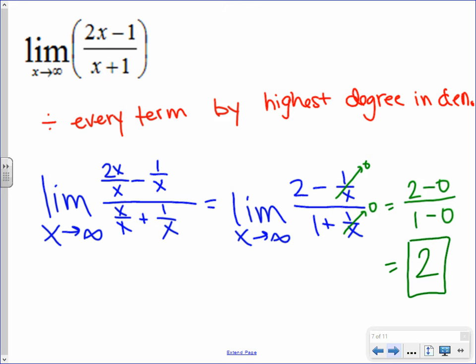Okay, Cole, so how do we know way back up here that our horizontal asymptote is at 2? Well, since they have the same degree as an exponent, you can put the leading coefficients over each other. Okay. Here's the deal. If we have a rational function and we know that it's going to have a horizontal asymptote, we know that our ending behavior has to approach that horizontal asymptote.